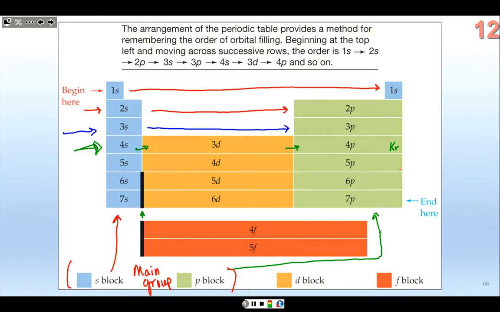The d block and the f block are transition elements, the transition metals. They're all metals, yes. Those parts of the periodic table that are color-coded with the orangey color for the d, and the red color for f, are where the last electrons are going to end up in d or f subshells.